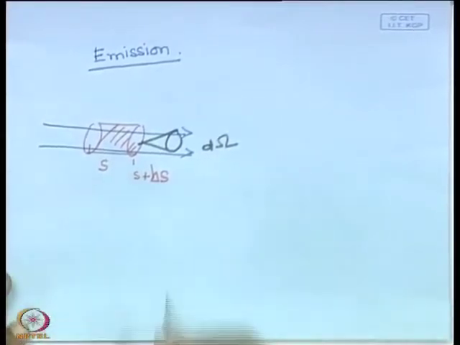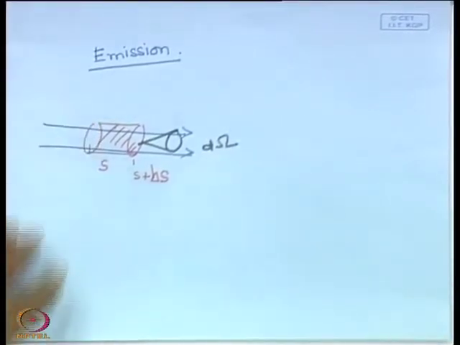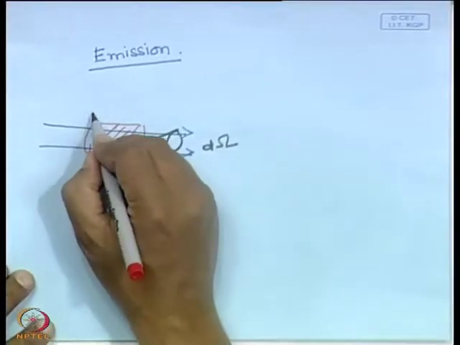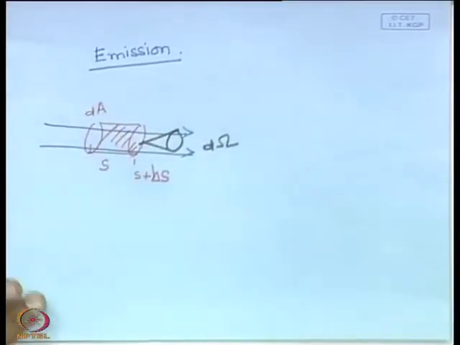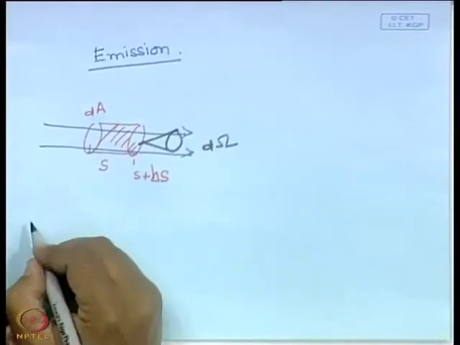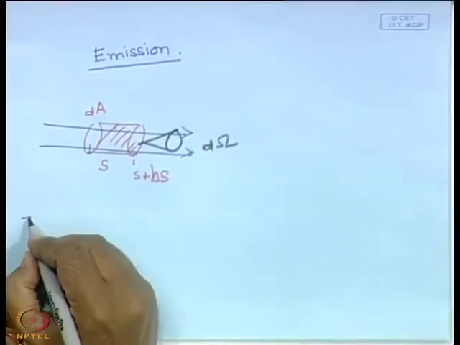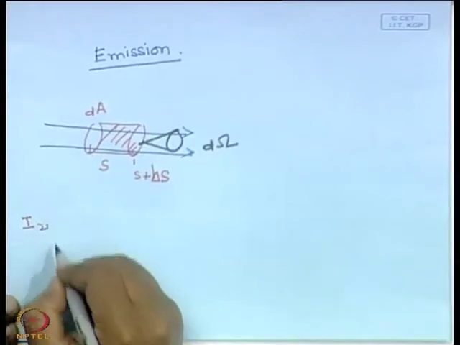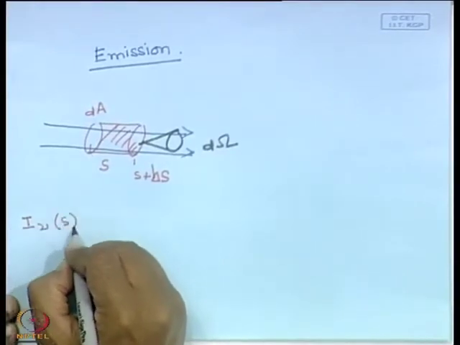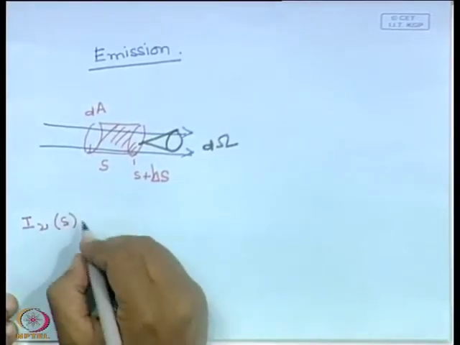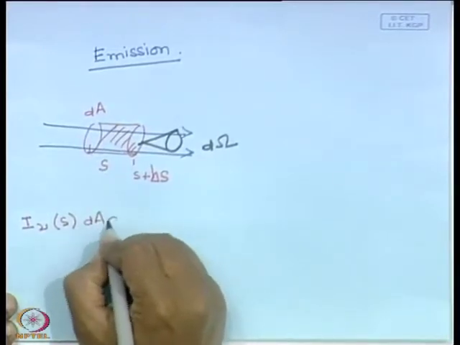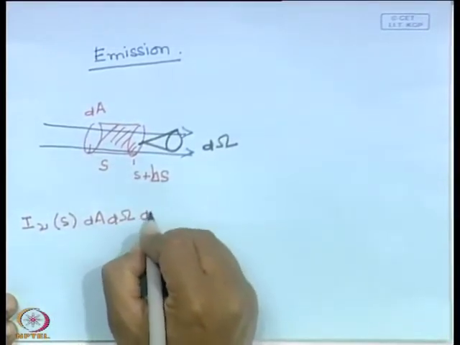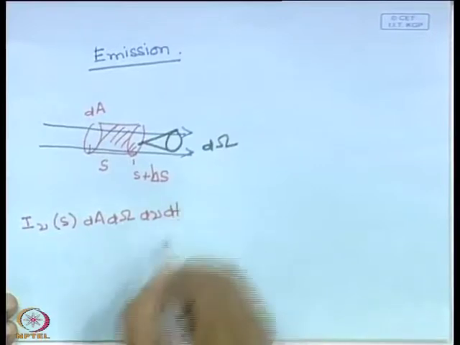Now, the incident energy on this surface, let us call this surface dA, we just saw how much it is. The incident energy is I nu at the point S into dA d omega d nu dt.